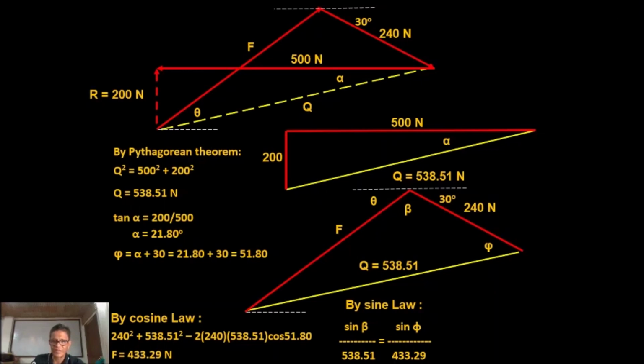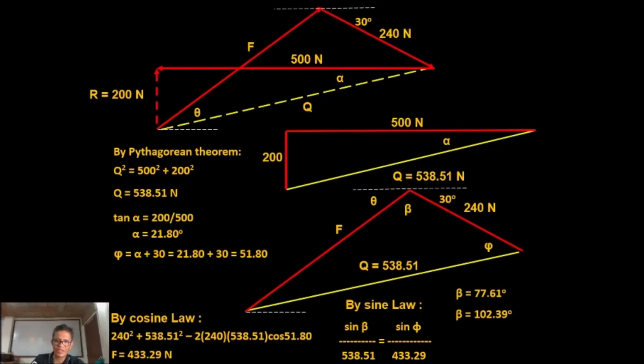Then beta we get is 77.61. Now we have a problem there, because from the illustration, beta is an obtuse angle, so it should be greater than 90 degrees. So what will the value of beta be? Beta will be the supplementary angle, that is, 180 minus 77.61.